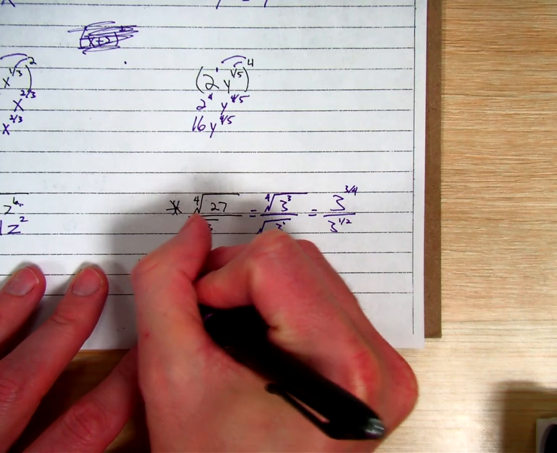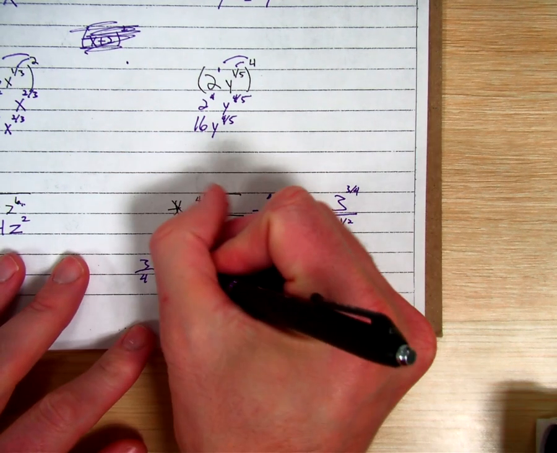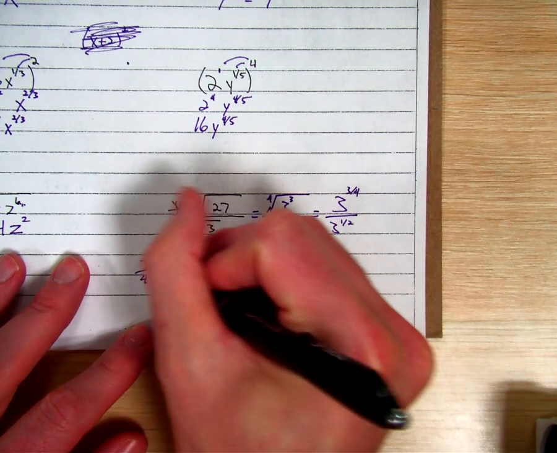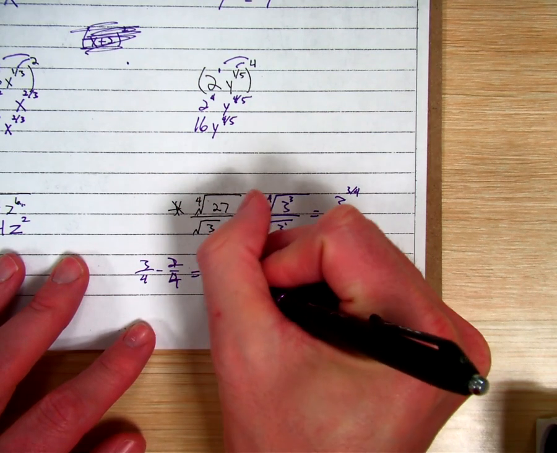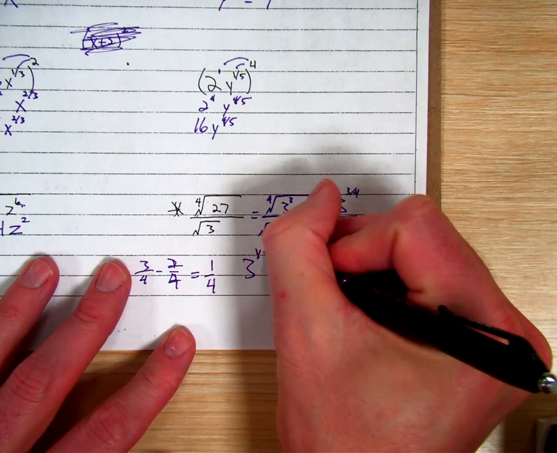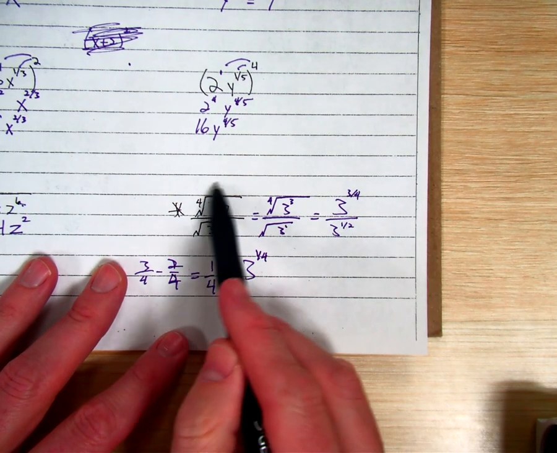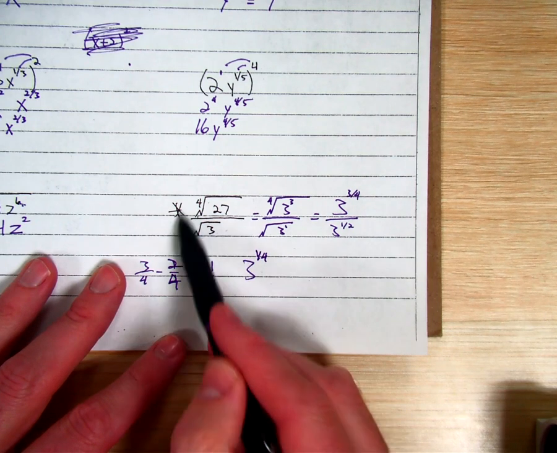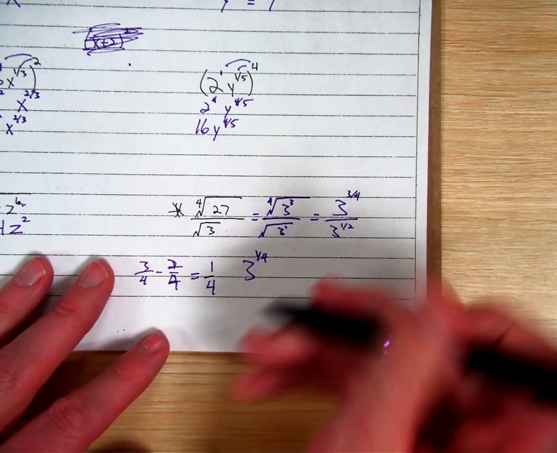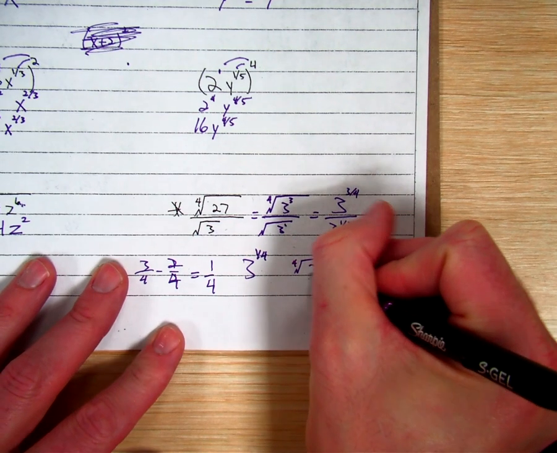What's 3/4 minus 1/2? Okay, got to get a common denominator. 1/2 would change to 2/4. And 3/4 minus 2/4 is 1/4. So we would have 3 to the 1/4 power, or take it all the way back, because the problem did start in root form or radical form. Take it all the way back to radical form. It is the 4th root of 3.